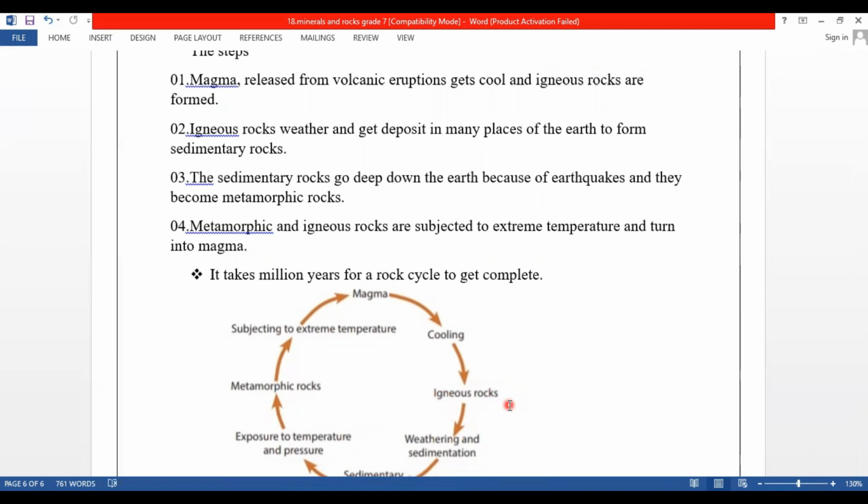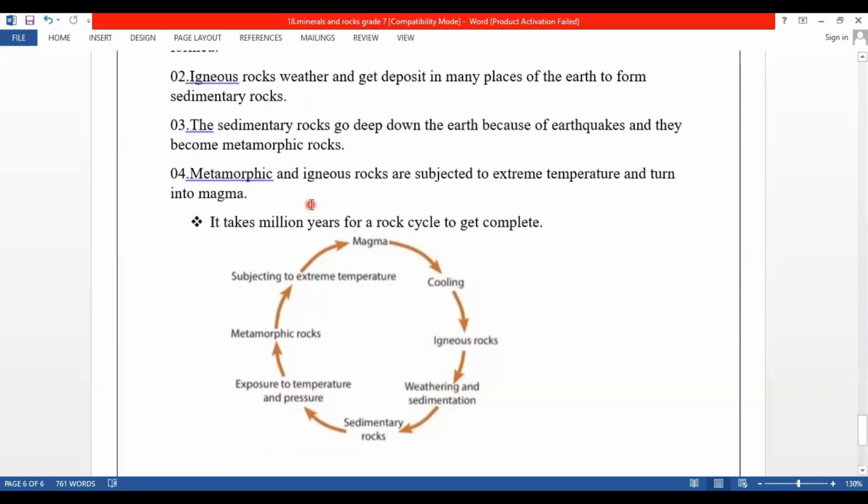Because of this weathering, the igneous rocks turn into sedimentary rocks. That means they break into small pieces and deposit in many places of the earth and form sedimentary rocks. Deposit means to settle.